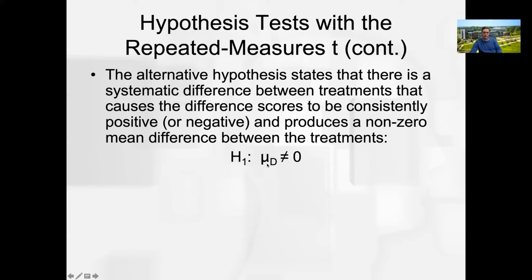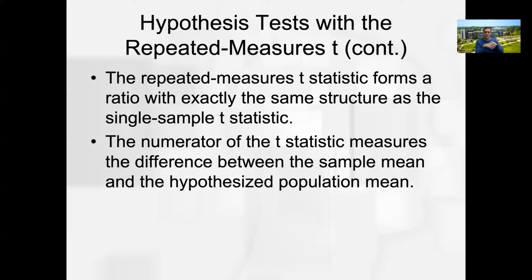And so this repeated measures t statistic is going to form a ratio with exactly the same structure as that single sample t statistic, right? The numerator of the t statistic measures the difference between the sample mean and the hypothesized population mean. And so this is going to be an important distinction.